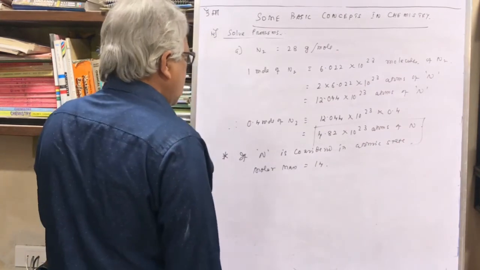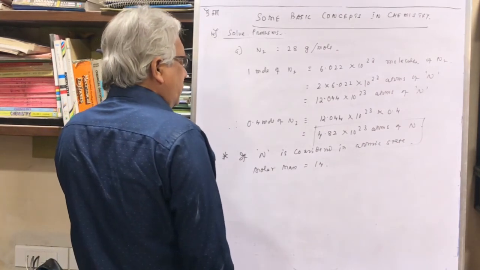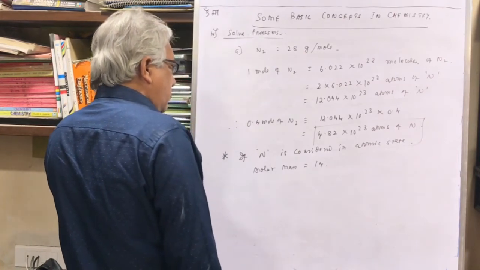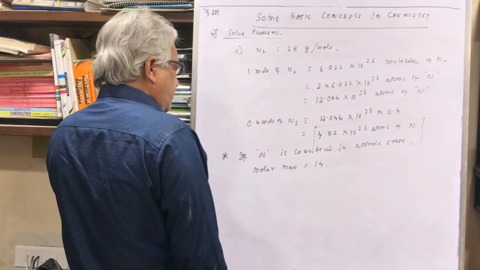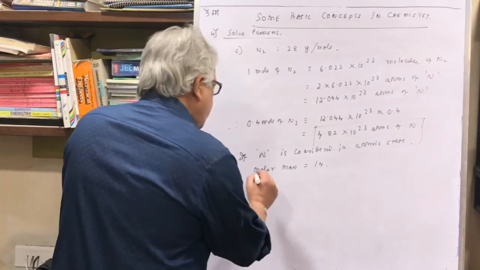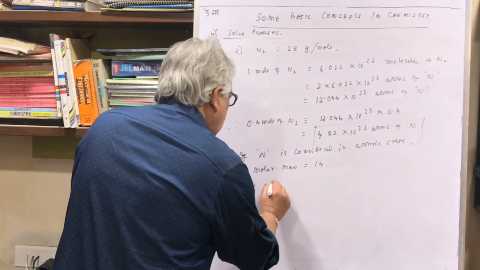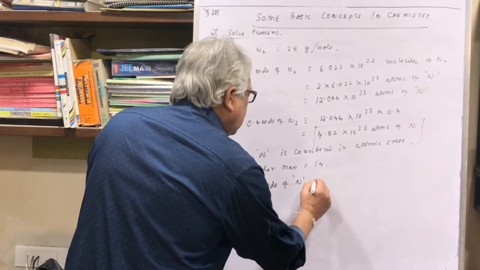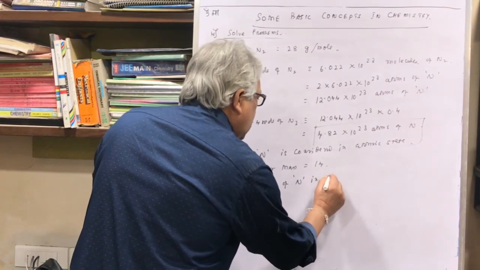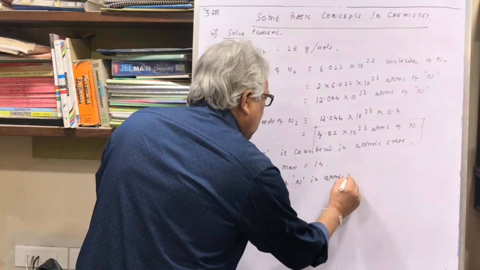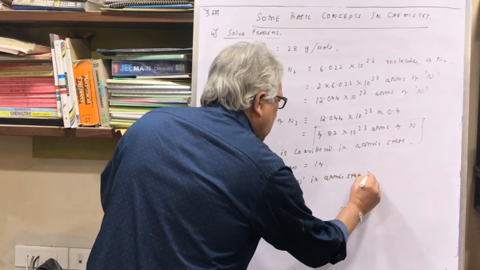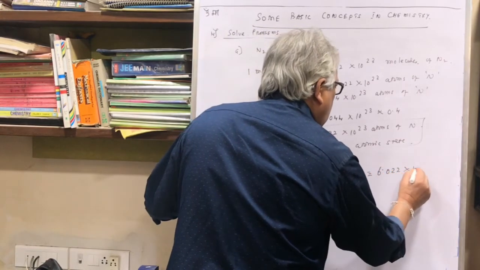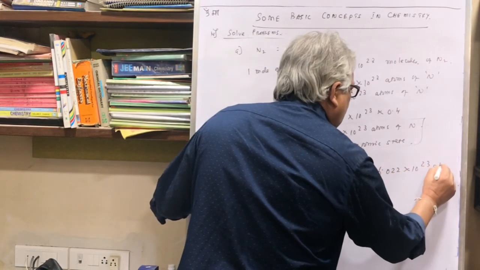So, one mole of nitrogen in atomic state corresponds to 6.022 into 10 raised to 23 atoms.